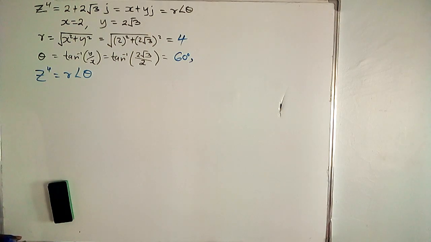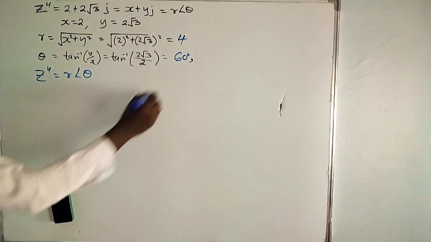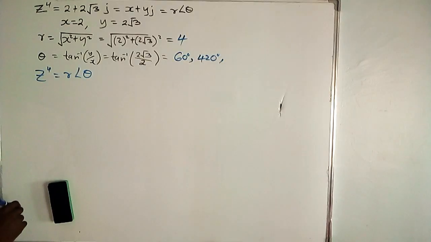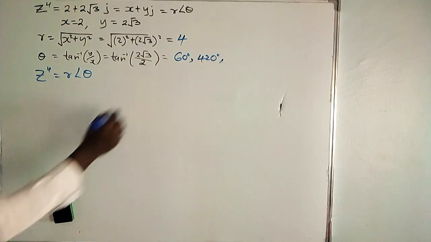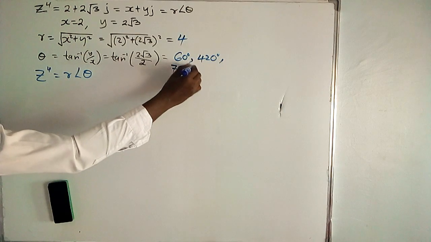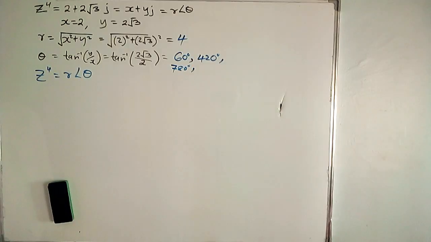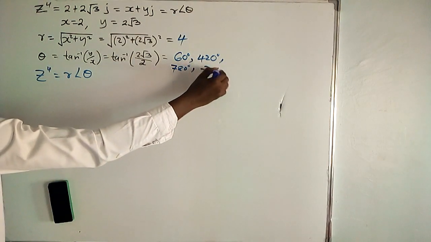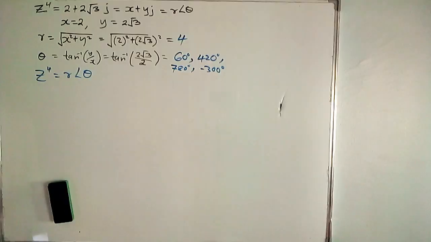So 60 plus 360 is 420 degrees, 420 plus 360 is 780 degrees. Maybe you can subtract 360 to get one negative angle, isn't it? Are we together? So 60 minus 360, we also have negative 300 degrees. Those 4 values of theta are just enough to solve for z. We can get many solutions, but 4 solutions are enough if z is raised to power 4, isn't it?